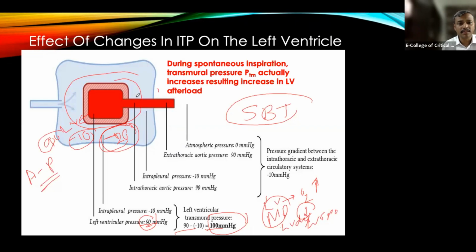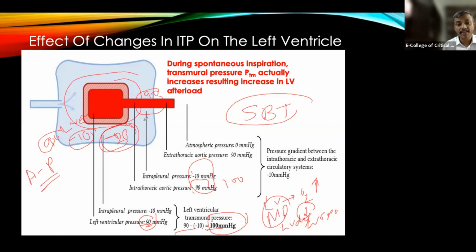This is the aorta. Can you see the aorta here? Whatever the left ventricular pressure is, it is transmitted here, so the aortic pressure is again 90. I'm talking about intrathoracic pressure. Look at the pleural pressure, imagine minus 10. 90 minus of minus 10 is 100.